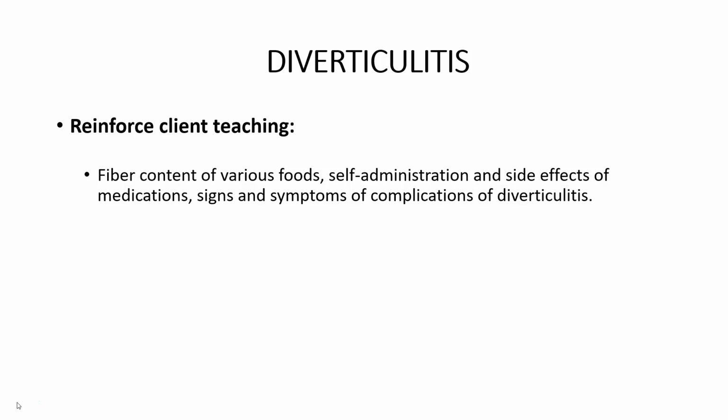Another one would be risk of deficient fluid volume. That would be the diarrhea. We talked about how it alternates, the diarrhea and the constipation. So with that, you would know that you're going to be administering IV fluids, I's and O's, things of that nature.